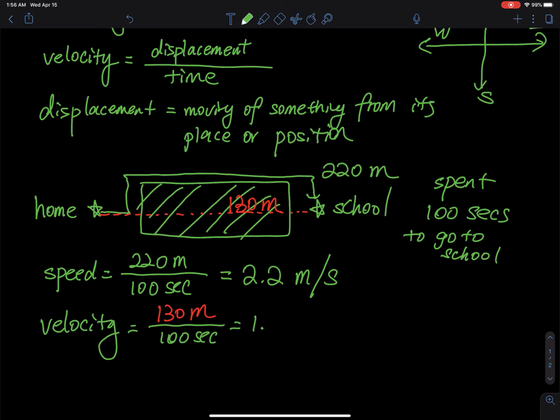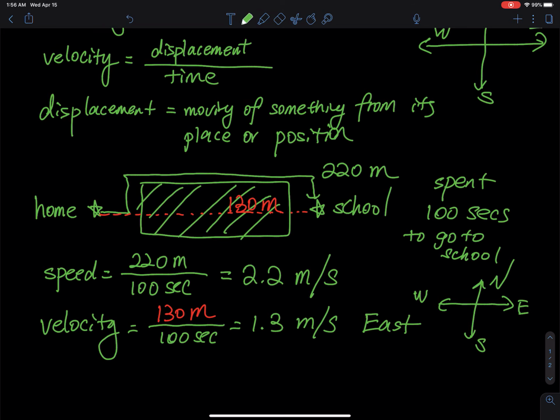That equals 1.3 meters per second. Are we done? No, you have to specify that is 1.3 meters per second east. So this direction is east, right? So you have east and you have west. This is south, and then this is north. So that is the difference between speed and velocity.